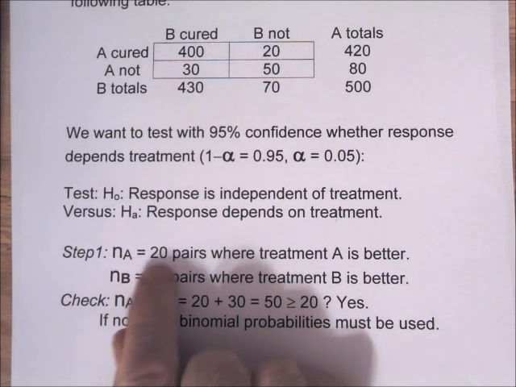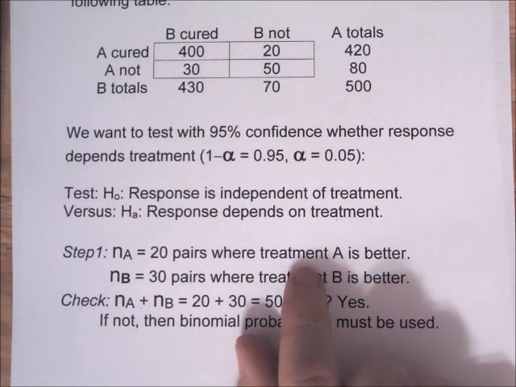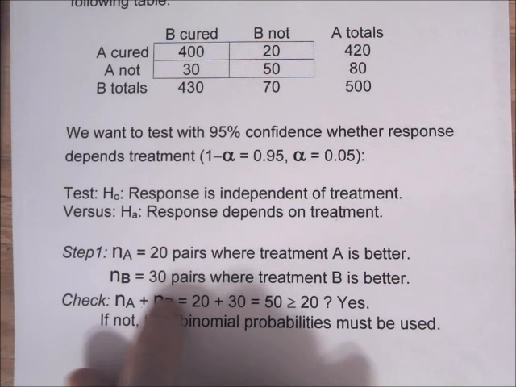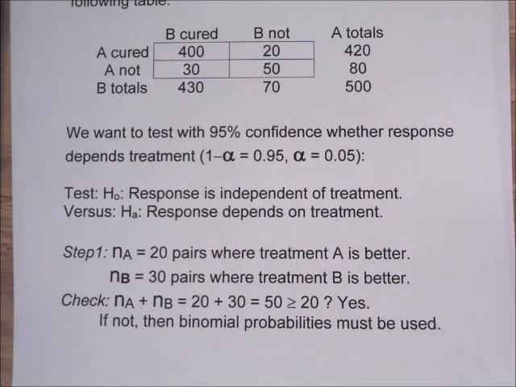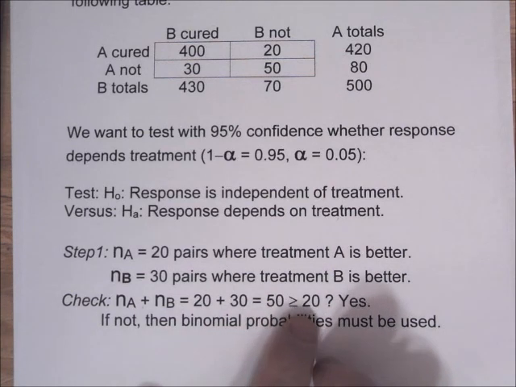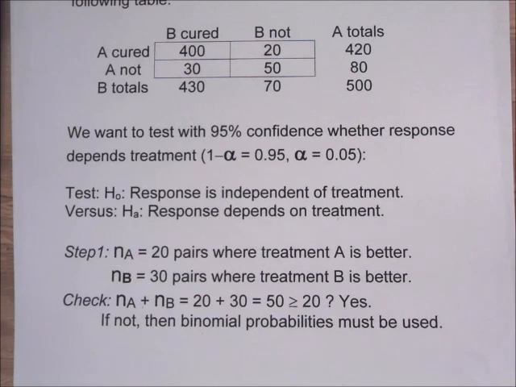So NA is 20 pairs where treatment A was better, and NB is the 30 pairs where treatment B was better. We want to check that NA plus NB has to be at least 20, and it is. 20 plus 30 is 50, which is more than 20. If not, binomial probabilities would need to be used.